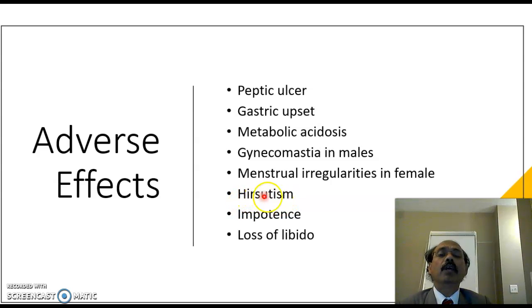Suppose a woman grows a mustache or a beard, that is hirsutism. Impotence, that is the problem of maintaining an erection during sexual activity. Loss of libido. So these are the adverse effects of spironolactone.